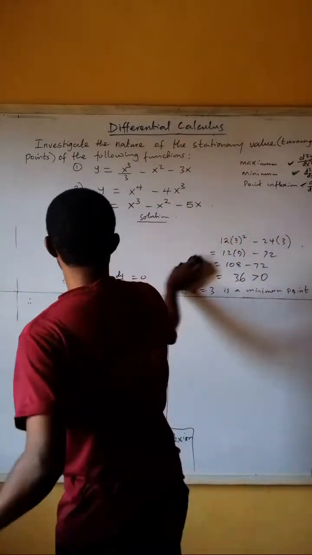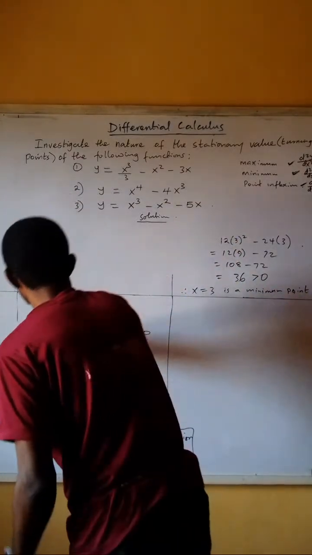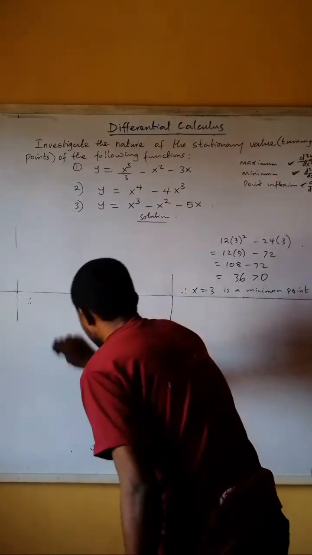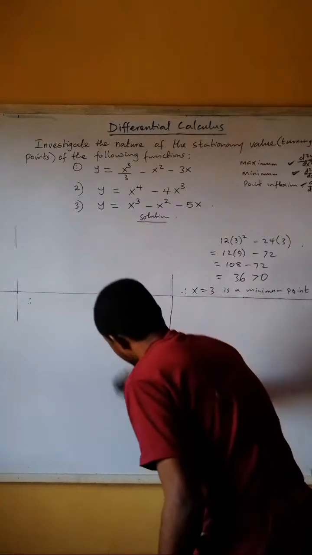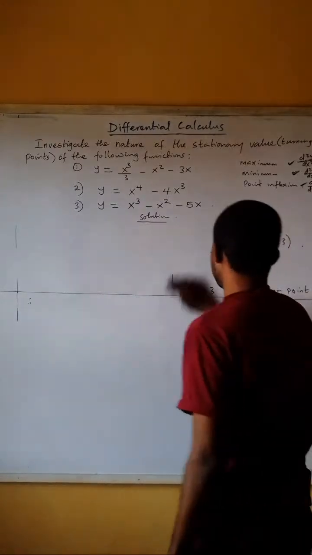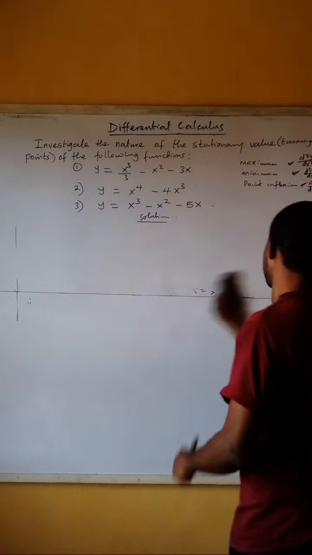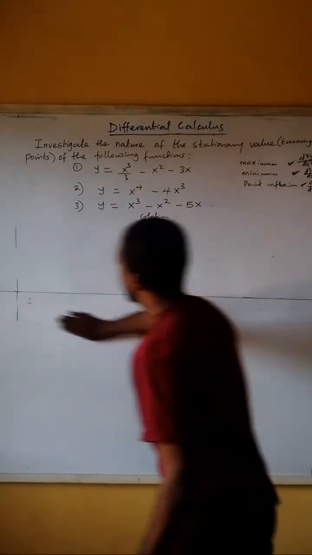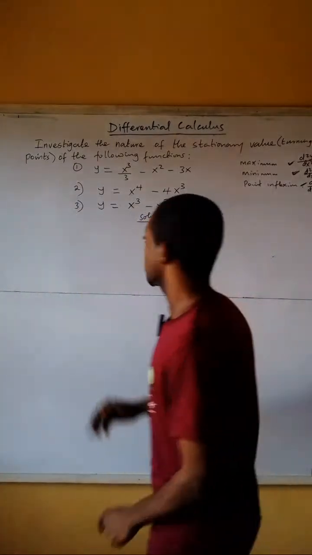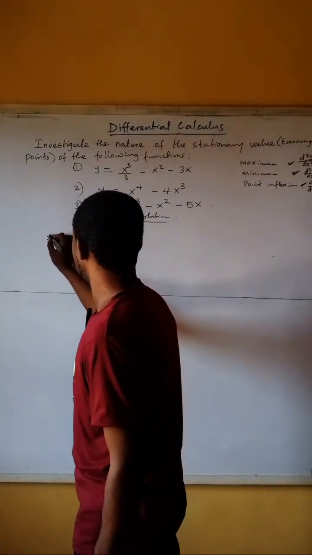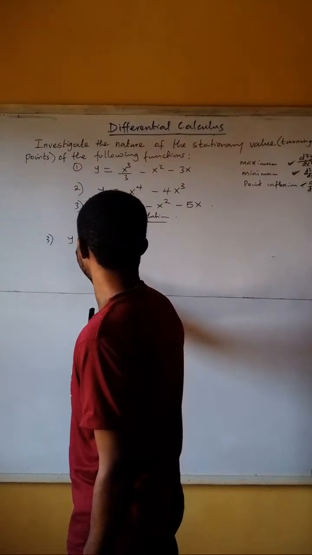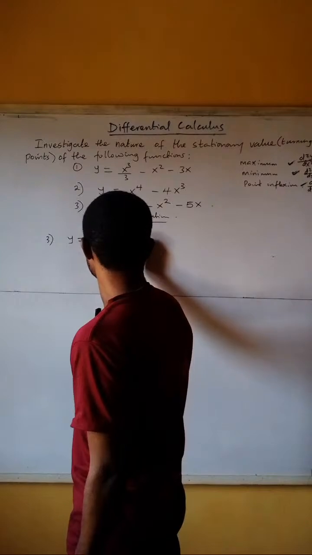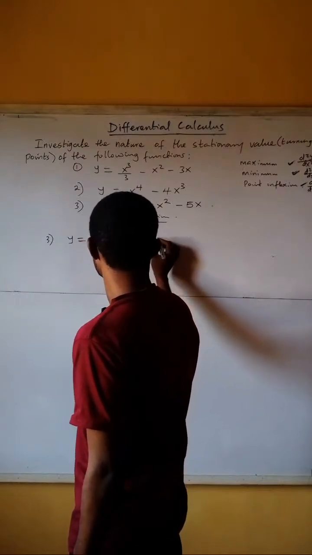So also, the first thing to do is to find the turning point. That is, the stationary point, dy/dx equals 0. So here, number 3 now, we have y equals x cubed minus x squared minus 5x.